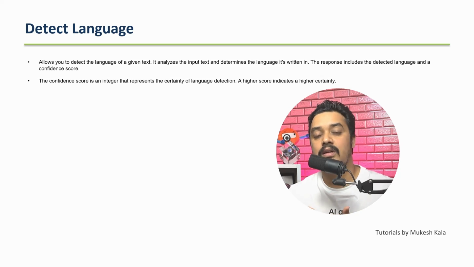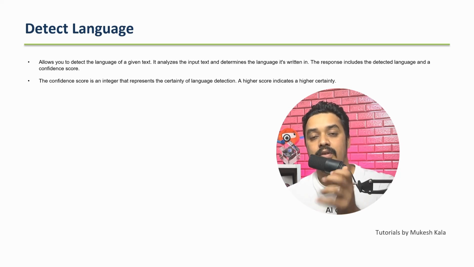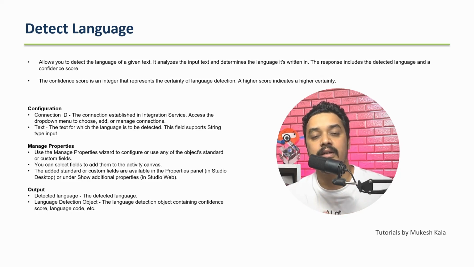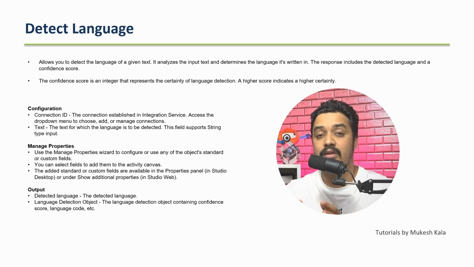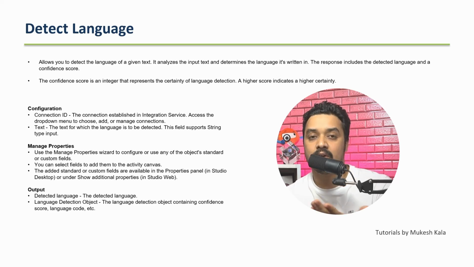For this activity, we just have to provide the text, and it will identify which language the text is in and respond accordingly. If I talk about the configuration, it has the same connection ID, it has the text, and when you specifically look at the properties, you have some additional properties as well, which we are going to discuss.